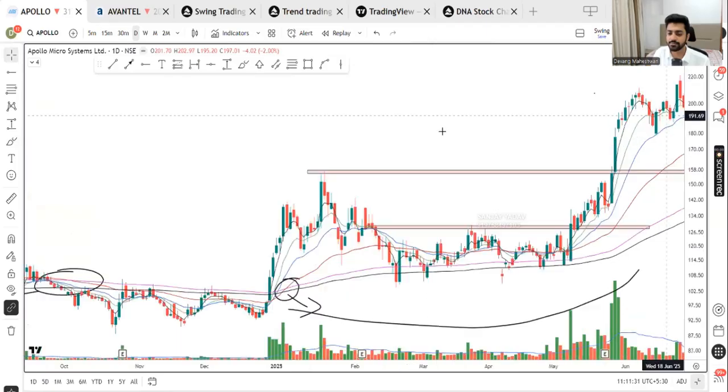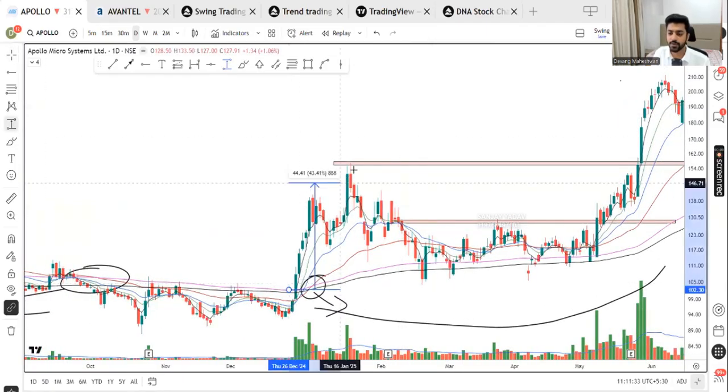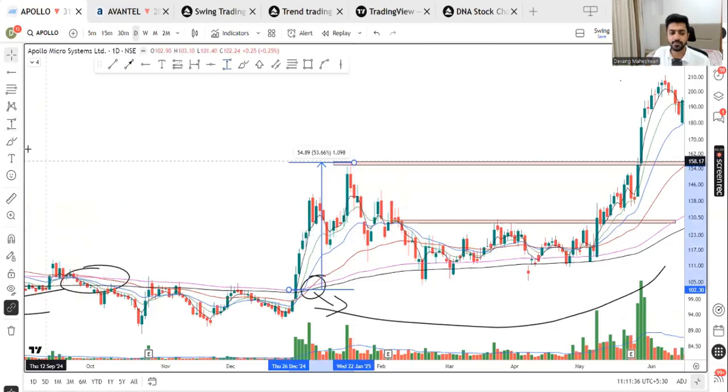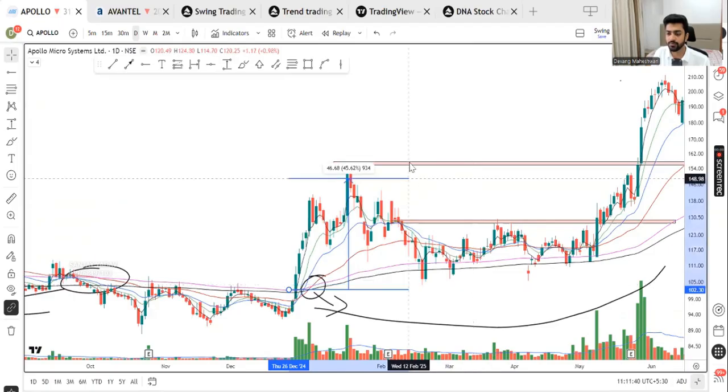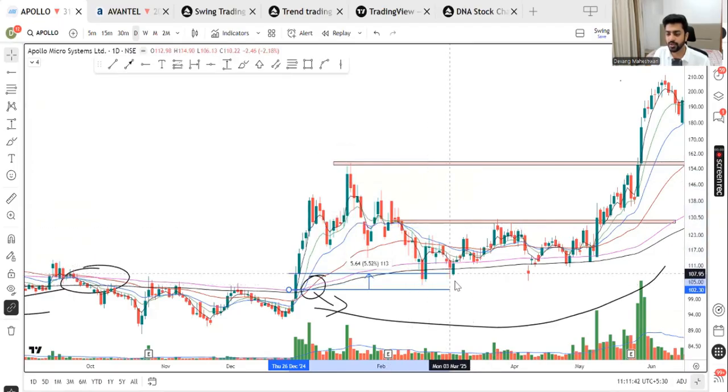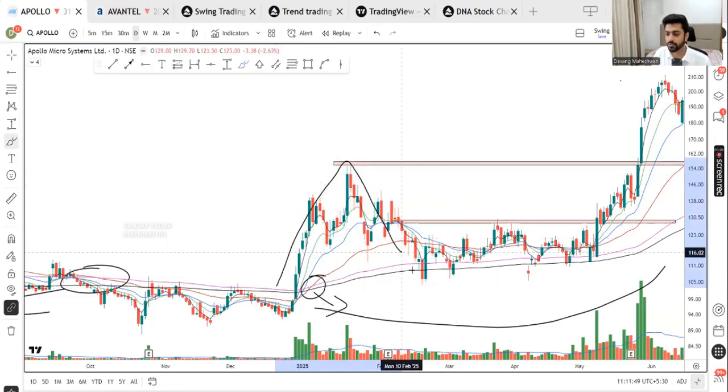Look at this chart. This went up here like 54% and almost given back fully. Okay, from 54% and then gave up its run fully. So this is an up and down base in which stock moves up, again goes fully down.